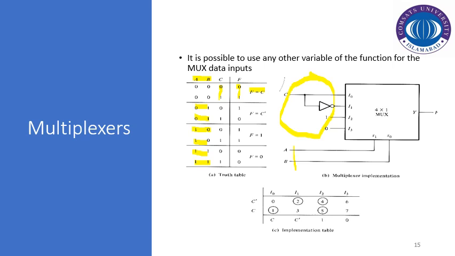For the next pair, if c is 0, f is 1, and if c is 1, f is 0, which means that f is totally inverse of c. If c is low, f is high, and if c is high, f is low. So I can clearly say that f is basically c prime for that pair.